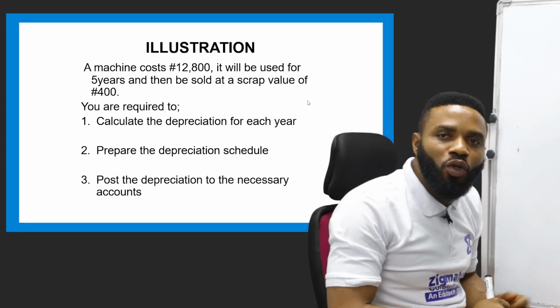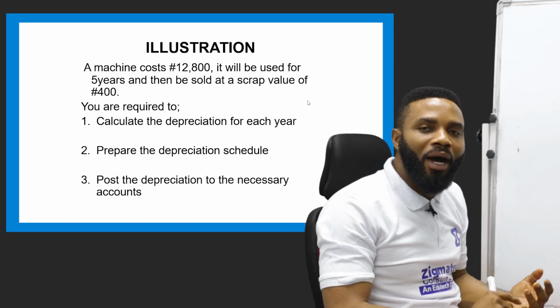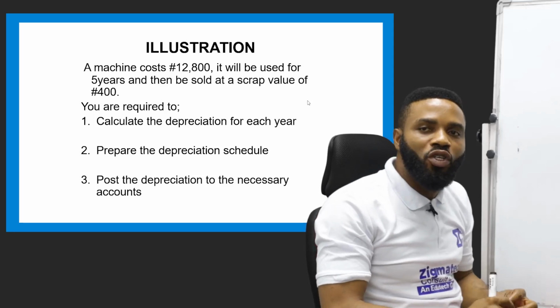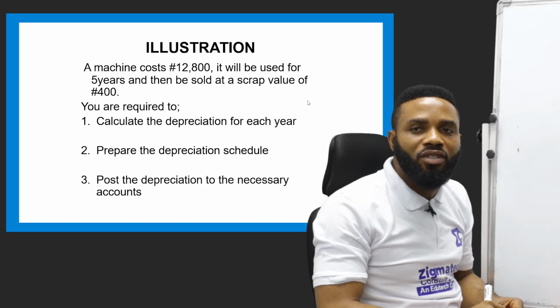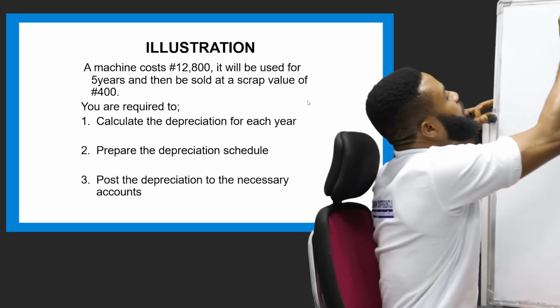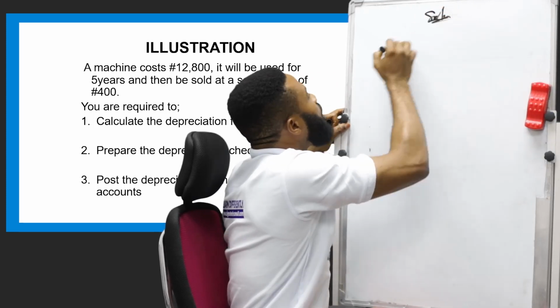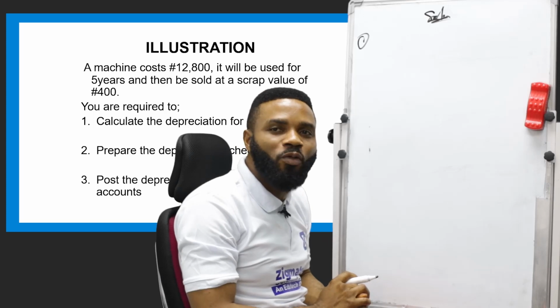You are required to: number 1, calculate the depreciation for each year; number 2, prepare the depreciation schedule; number 3, post the depreciation to the necessary account. Let's start with number 1, the solution: calculate the depreciation for each year.